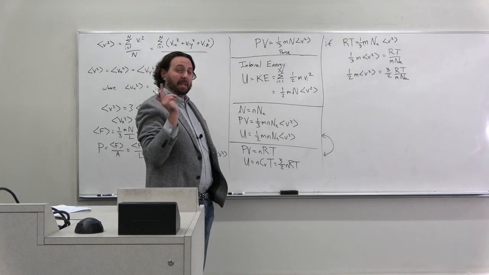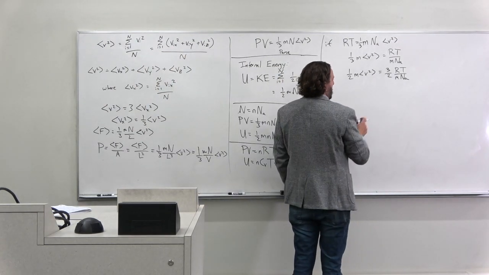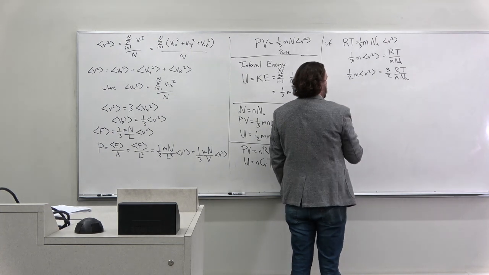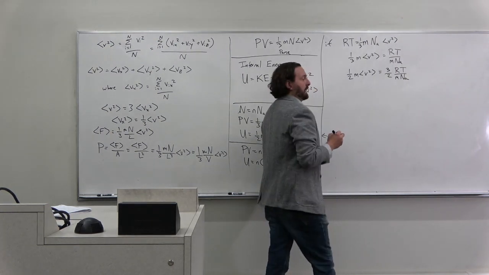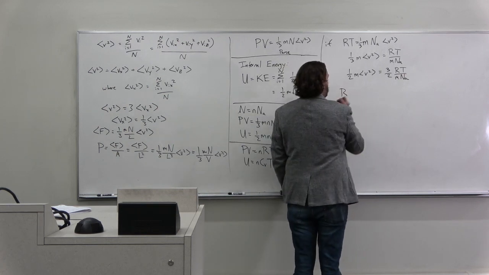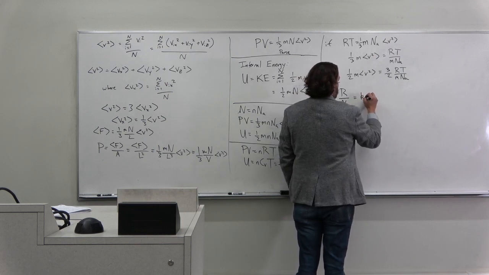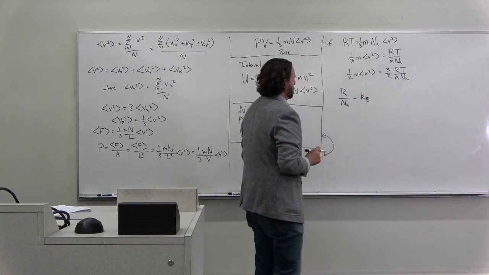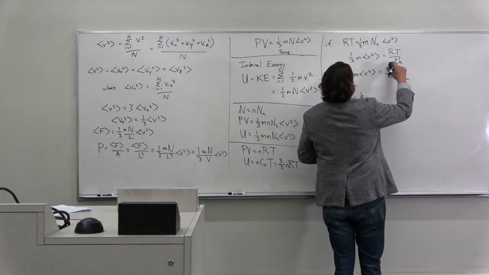So now does this make sense? Well, when we were talking about heat capacities, if you look back in that lecture, we found the correlation that R over NA is equal to kB. Oh, I've made a little mistake. Got my m twice.